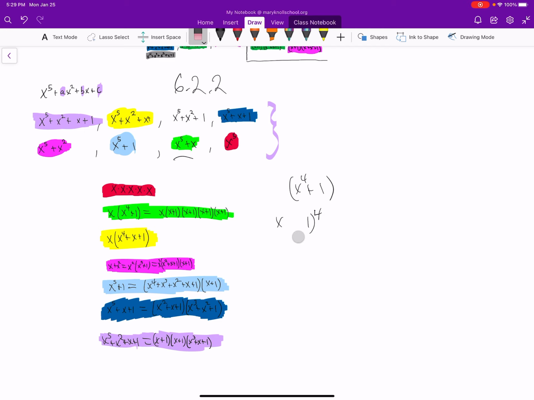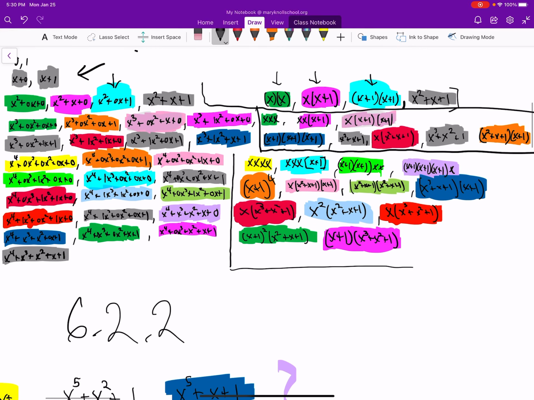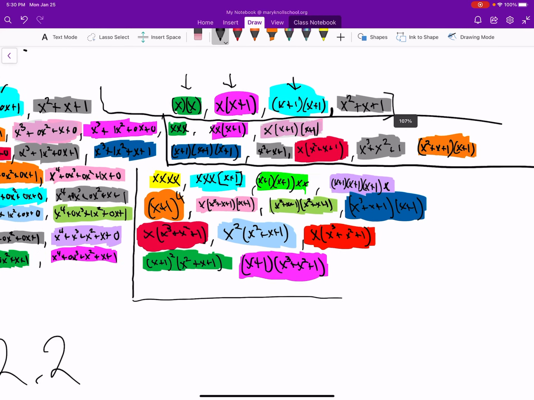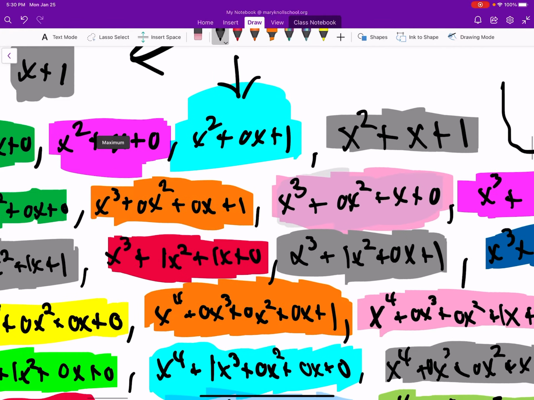Let's do another one. So this one right here, x to the fifth plus x squared, take out an x, and then x to the fifth plus x, and then let's take out another x, and then x to the third plus 1. What is that? Well, that is going to be in this list here. x to the third plus 1, it's going to be this orange one here.